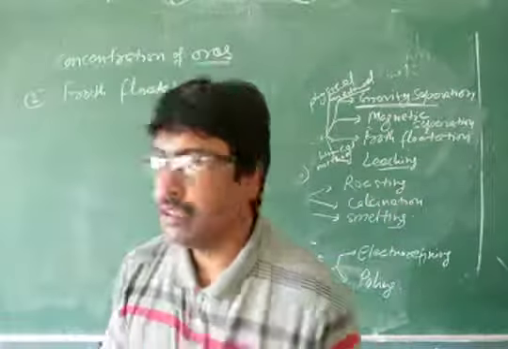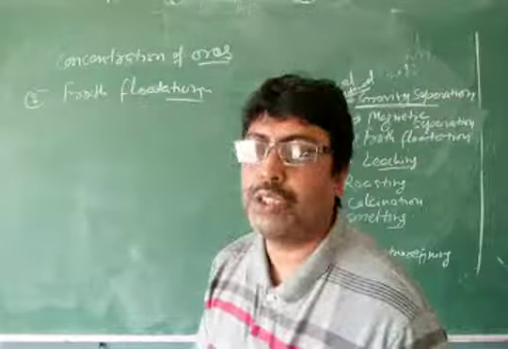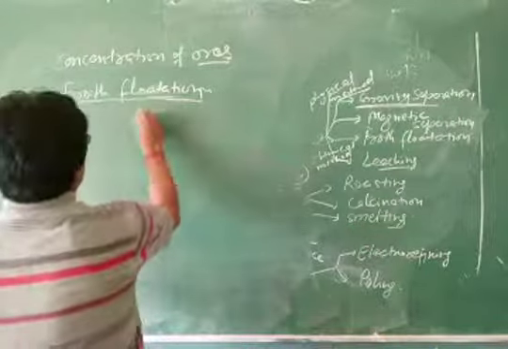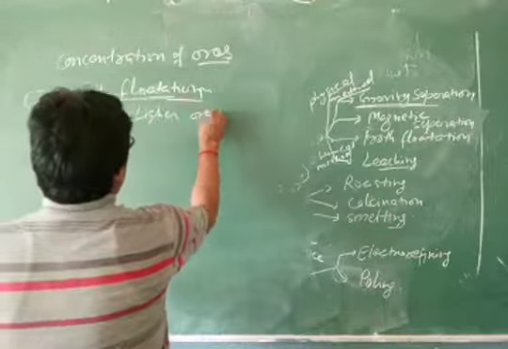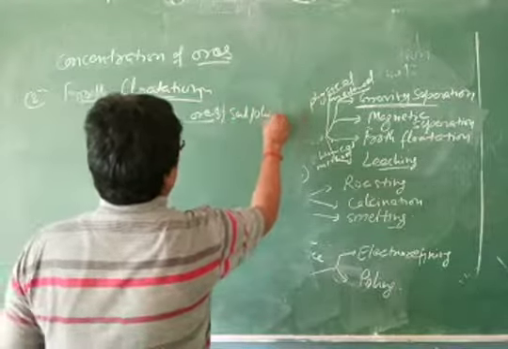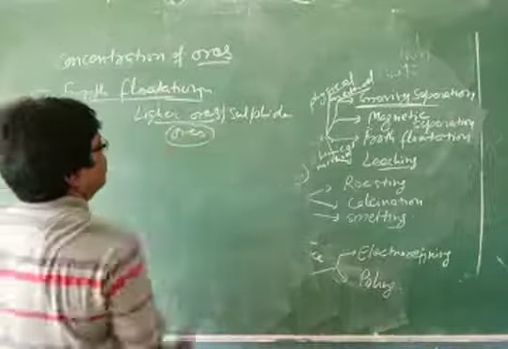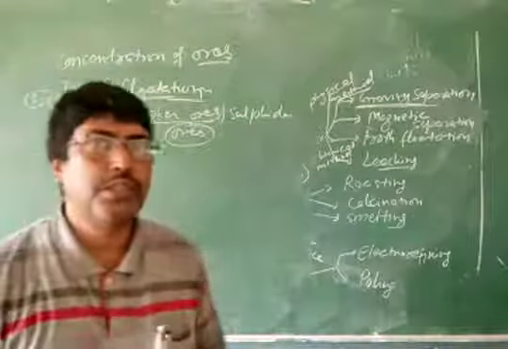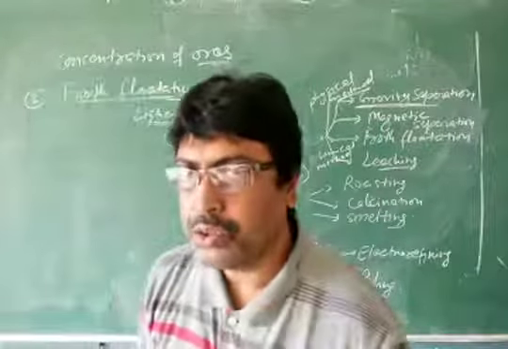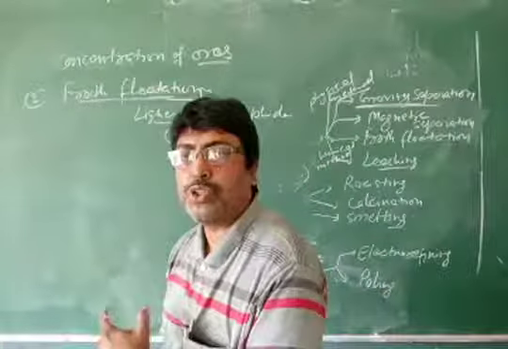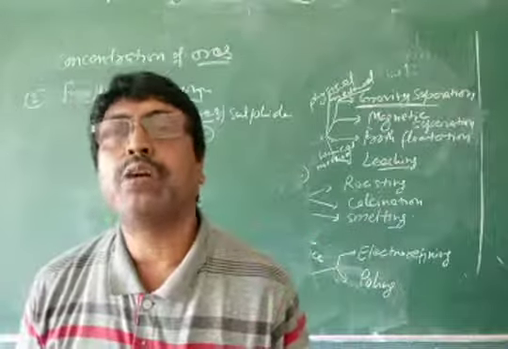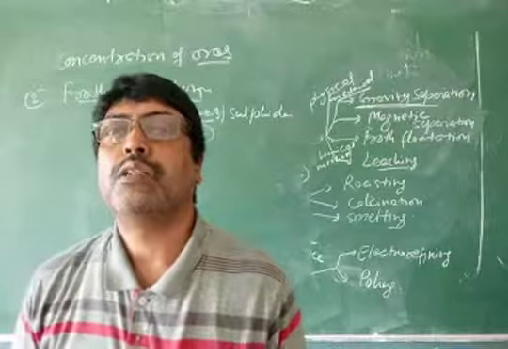Actually, this is based on a theory. The froth flotation process is used for lighter ores, such as sulfide ores. It is based on the theory that the oil used for this process wets only the sulfide ore particles, not the gangue particles, and water wets the gangue particles.